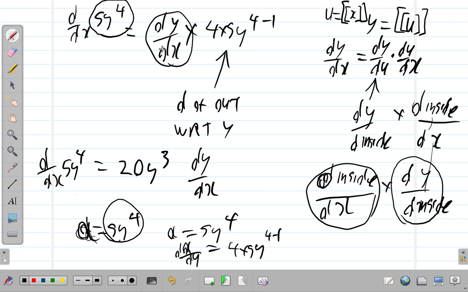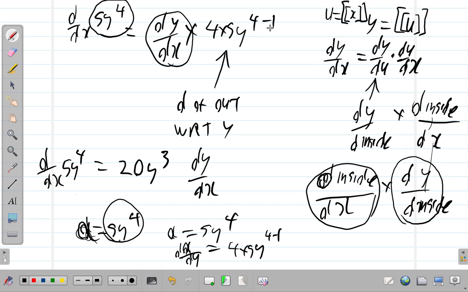It's the derivative of the inside function y with respect to x times the derivative of the whole function with respect to y. So 5y to the 4th becomes 4 by 5y to the 4 minus 1. This is just to highlight in detail everything that's happening in the background.